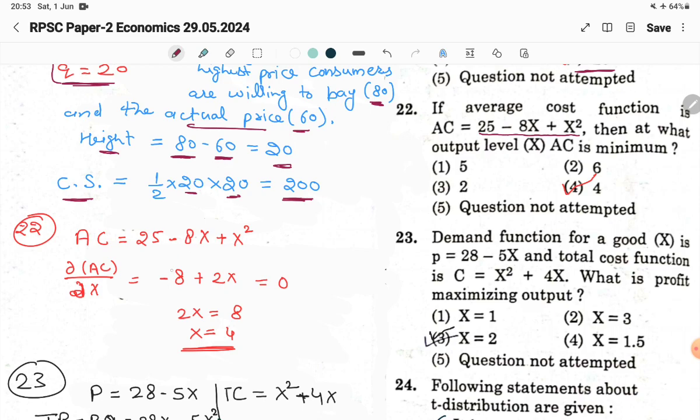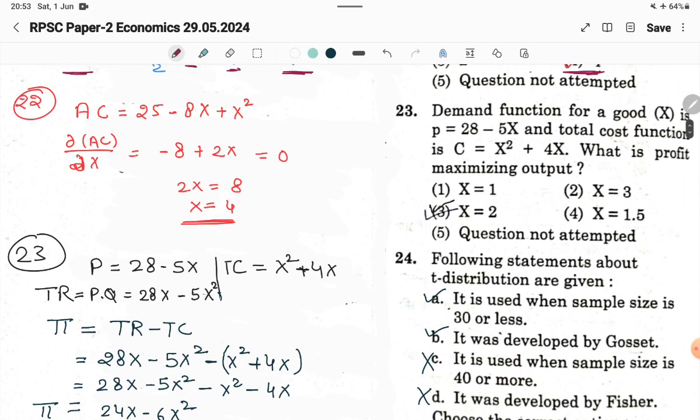If we differentiate with respect to x, it will be minus 8 plus 2x. If we put it equal to 0, then the value of x will be 4. So the answer will be 4.